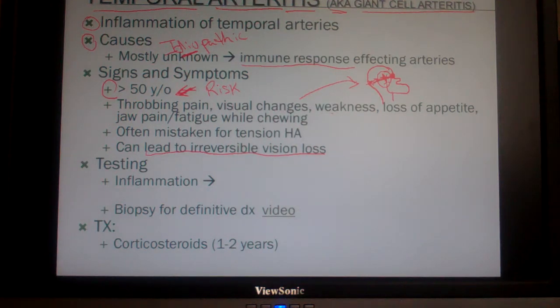So let's get back to there in order. Throbbing pain, visual changes, weakness. I think what they mean is weakness in the face, weakness in the jaw, that sort of thing, because it's cutting off the flow of blood to my massive jaw down here, right?